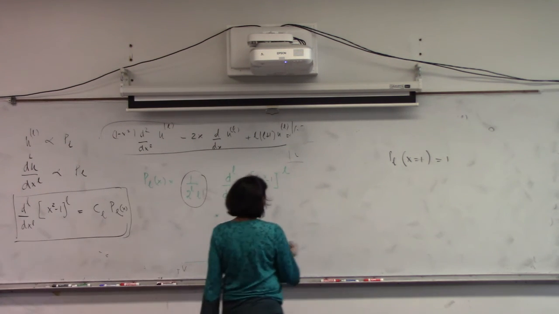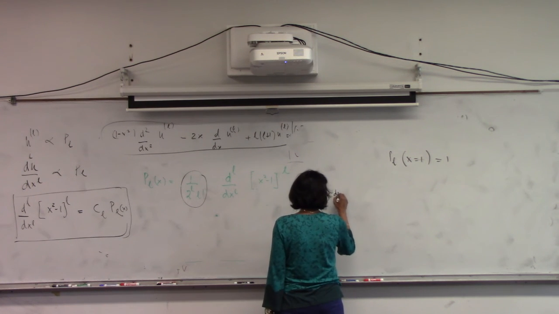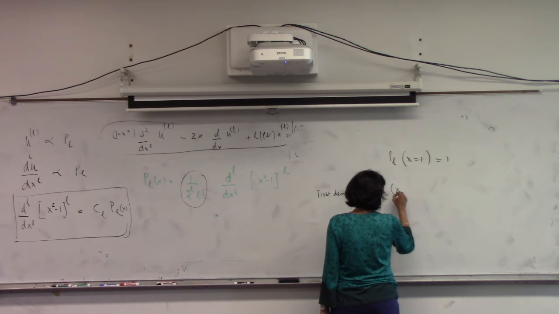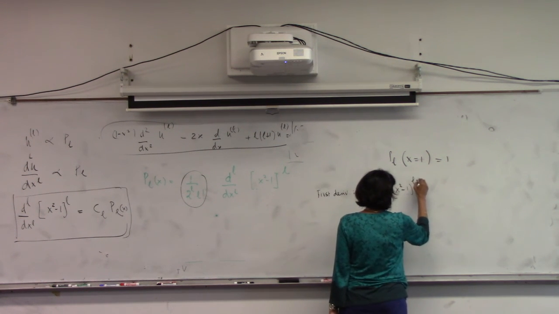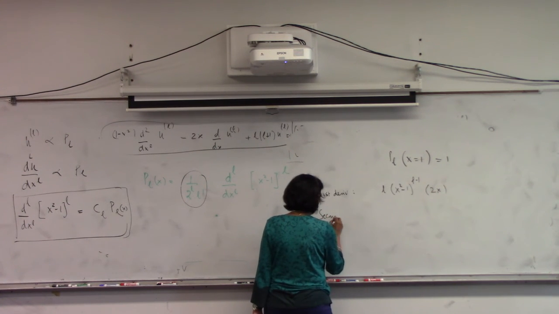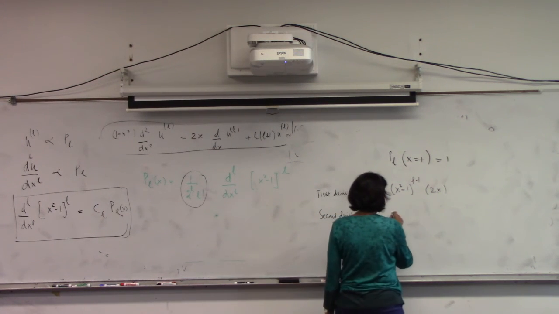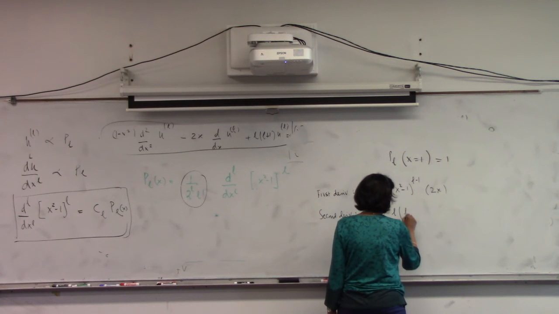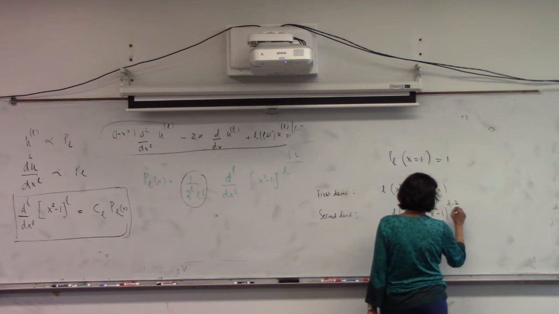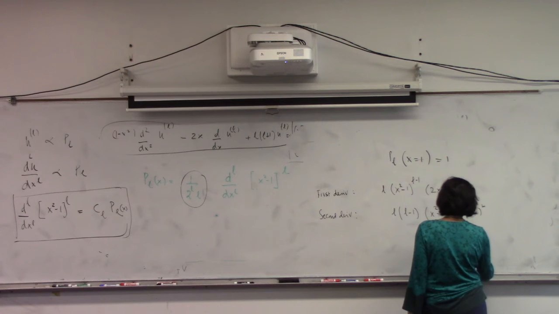So let's see what happens if I do the first derivative of that first. Then I have L, (x squared minus 1) to the power L minus 1, and then I have 2x. We just see a couple of terms, I'm not using Leibniz or anything at this point, just to simplify. Then I'll have 2x squared, and one more term here.